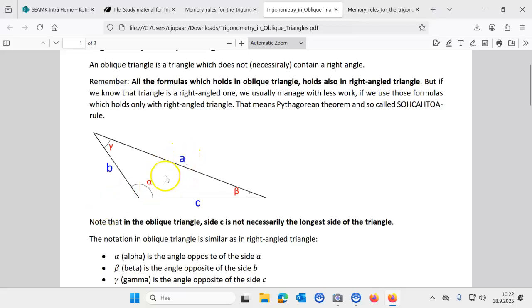So if you divide A by sine alpha, it gets the same result as, for example, B divided by sine beta or C divided by sine gamma.